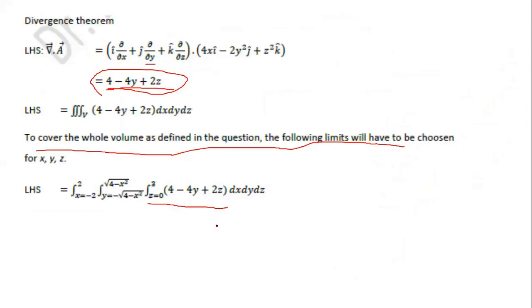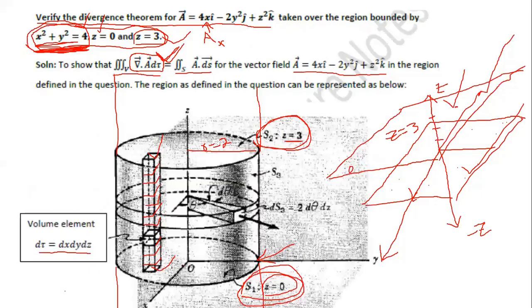Now, after that, we have to integrate over x and y, because in addition to the z-axis we have x and y. In order to integrate over x and y, we have to know that the relation between x and y is given by the equation of the circle, x squared plus y squared equal to 4.